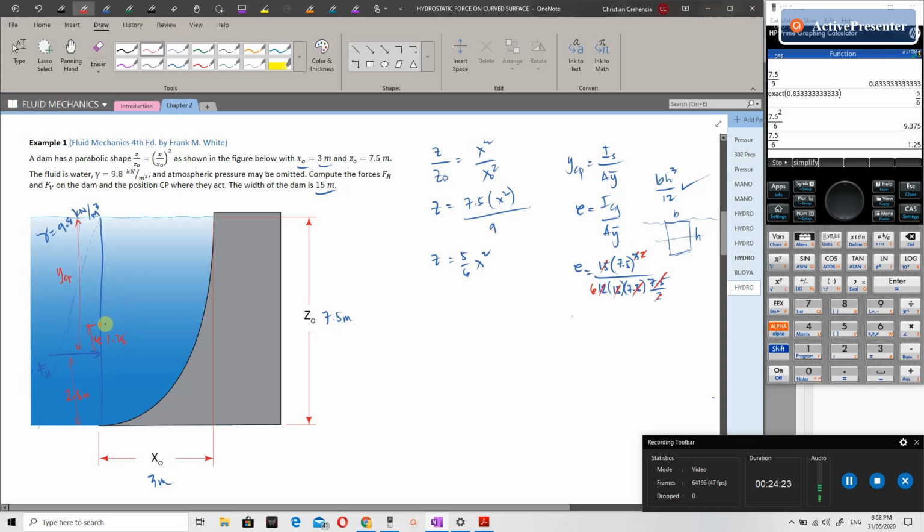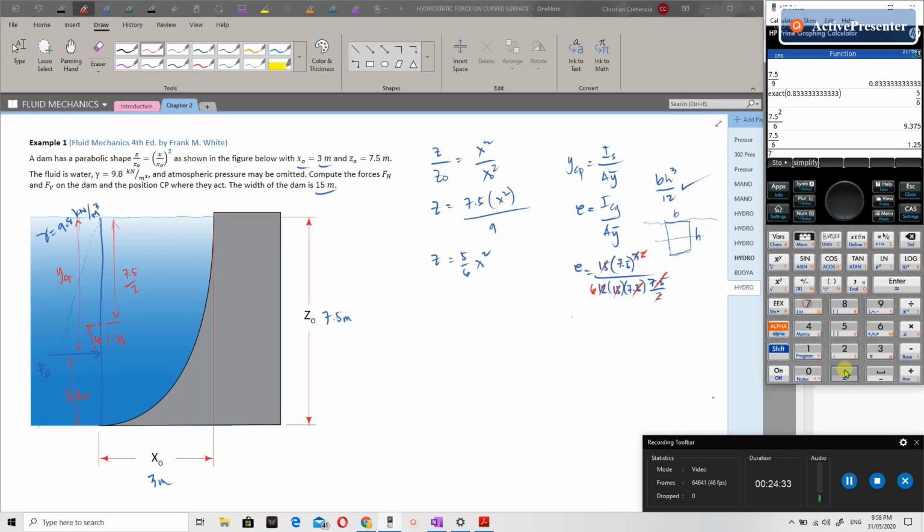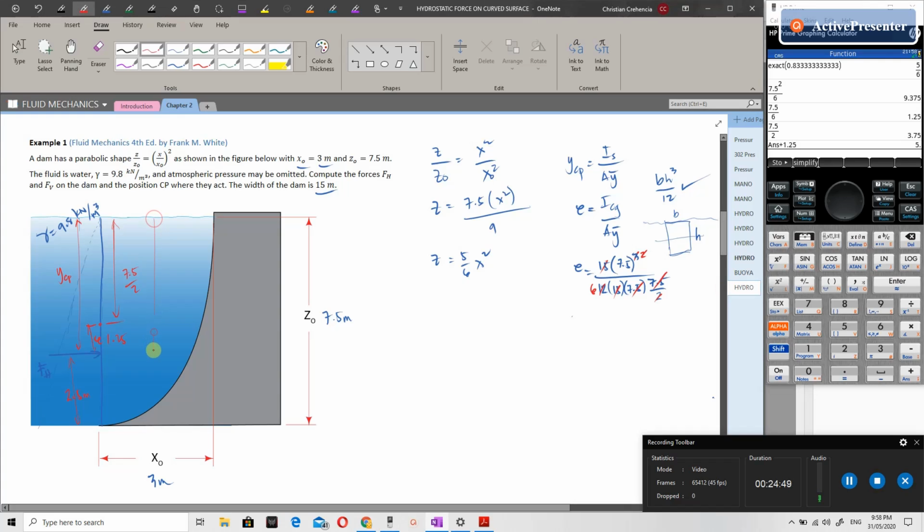Then this is our y bar, which is half of 7.5, so 3.75. Then we add the 1.25. So our total here is 5 meters.